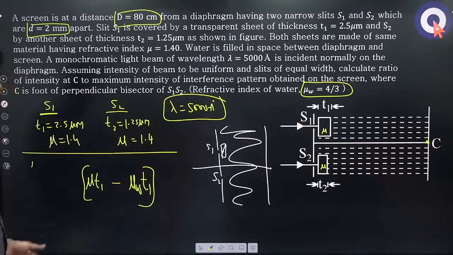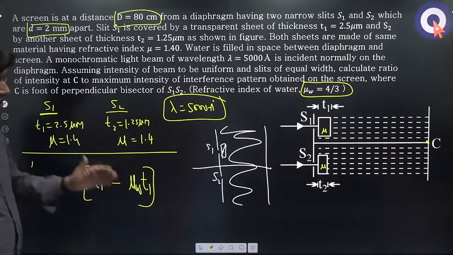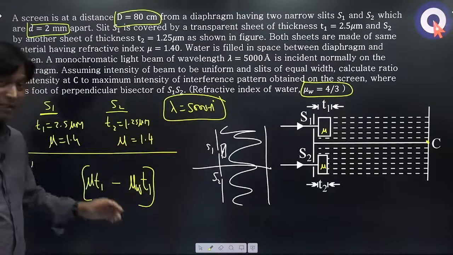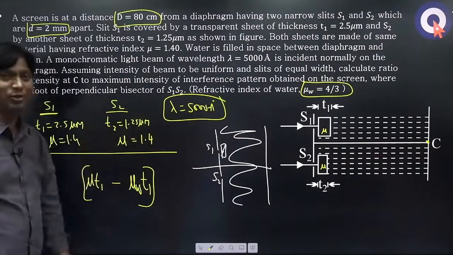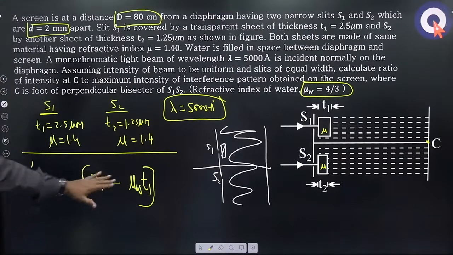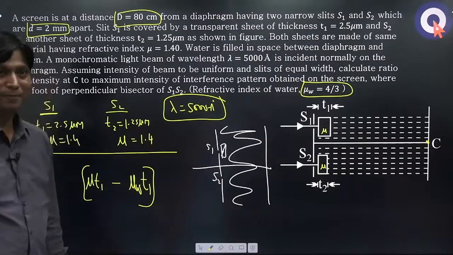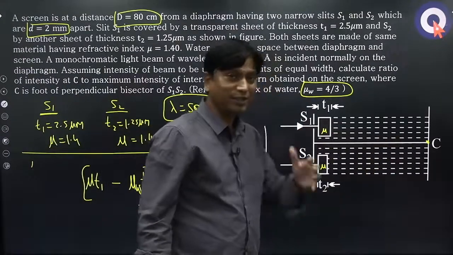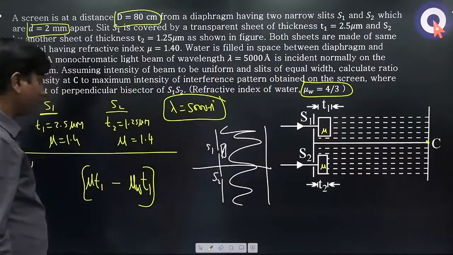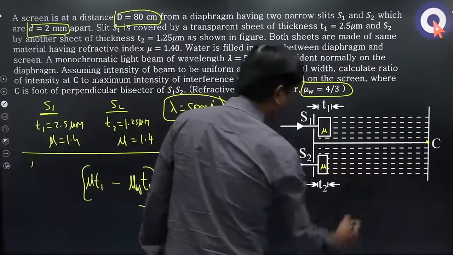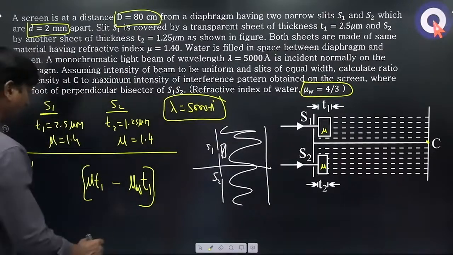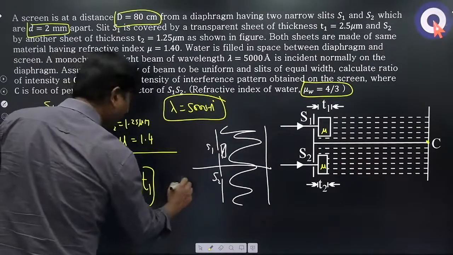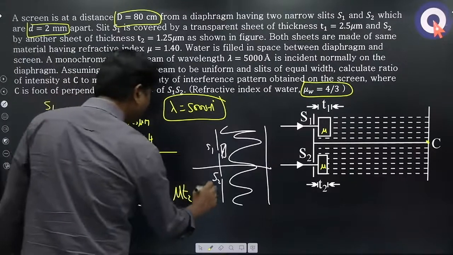Now since the slab is there, it will travel T1 in the slab. So equivalent how much distance will it travel in air? Nu T1. Equivalent how much, if the slab was not there, it would have traveled in water of T1. That is equivalent to how much in air? Nu of water into T1. That is why you will get this path difference. Okay. So that means overall, because of all this, how much is it longer? So this one. Similarly, the second slab also will be nu of T2 minus nu W of T2.